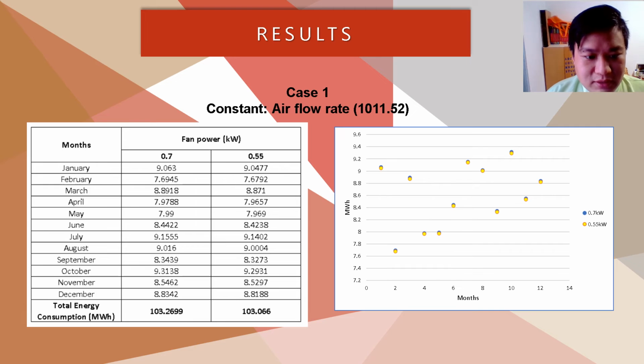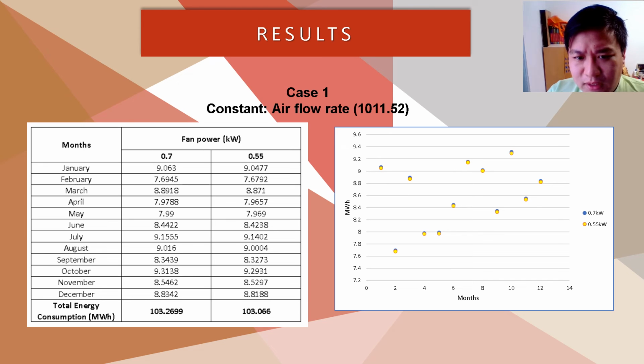The ASHRAE standard energy consumption is 103.2699 megawatt hour, while the catalog 0.55 kilowatt only consumes 103.066 megawatt hour. So the difference is 0.2, which is not very significant.